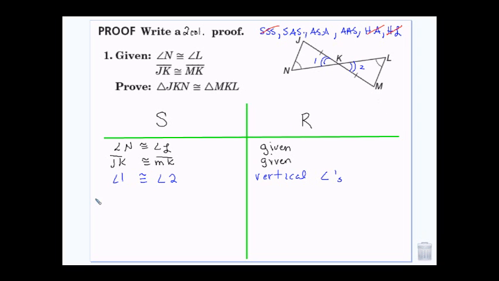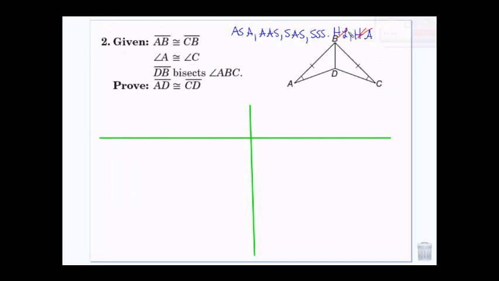So now I have that the triangles... how do I know they're congruent? I have angle, angle, side. The others are eliminated.